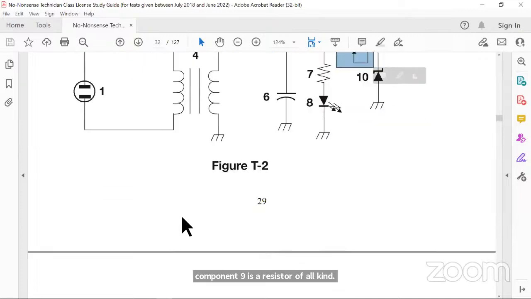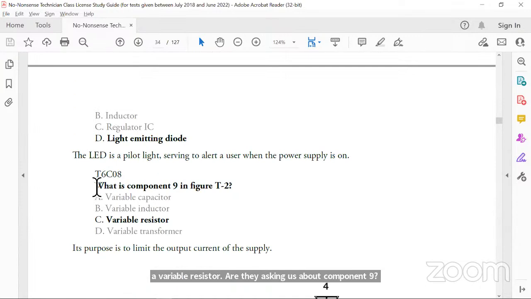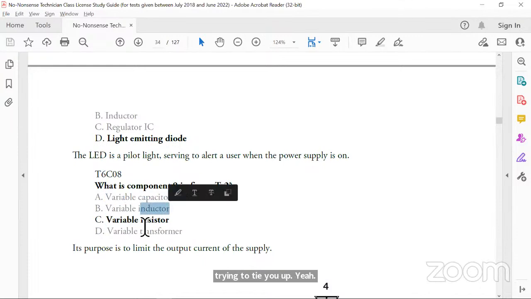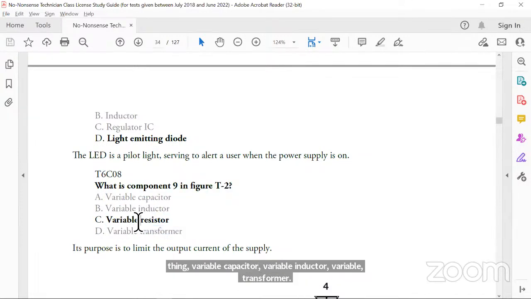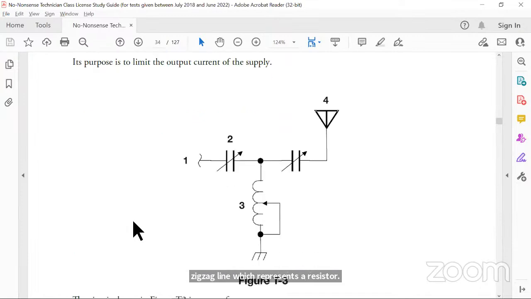Look at how they're trying to tie you up, huh? You know it's a variable something, but they're saying variable capacitor, variable inductor, variable transformer, but you know it's not either of those because the zigzag line represents a resistor, so it's a variable resistor.